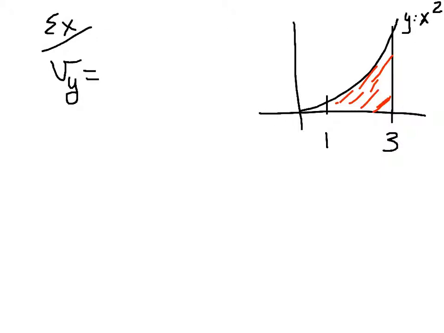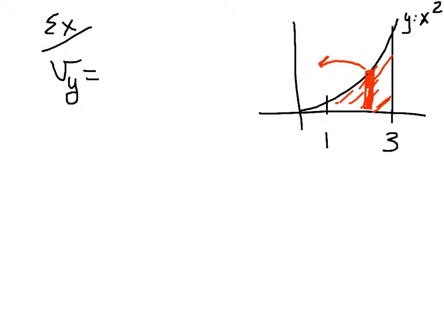So let's consider exactly the same region. And what we're going to do now is take this region and go around the y-axis. And so again, you just think about one of these rectangles, and I can't overemphasize how important it is to just keep thinking about the rectangles.